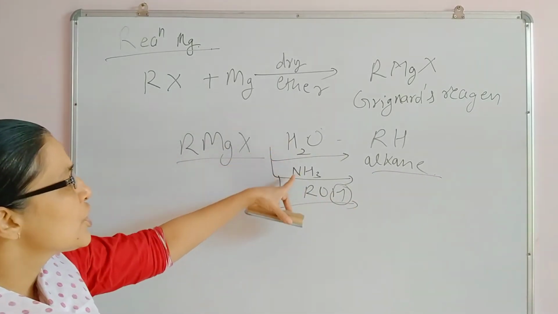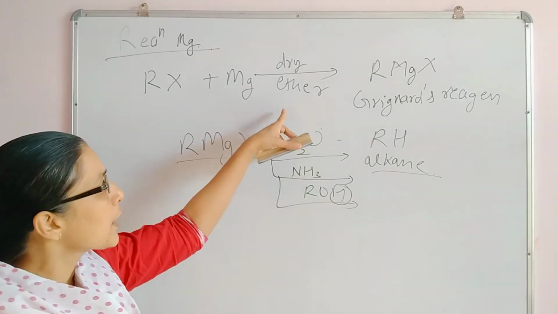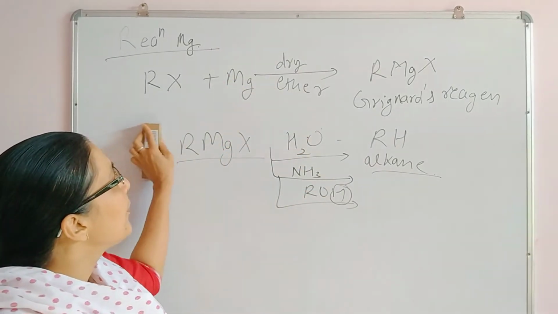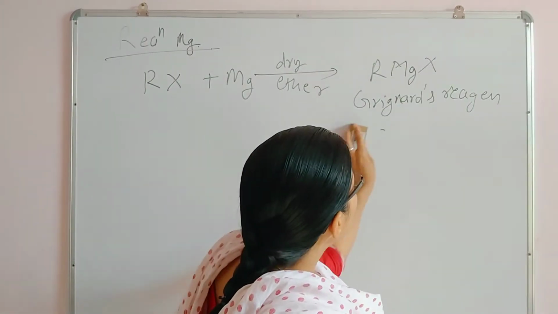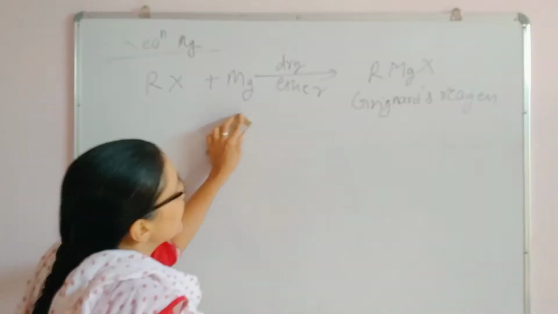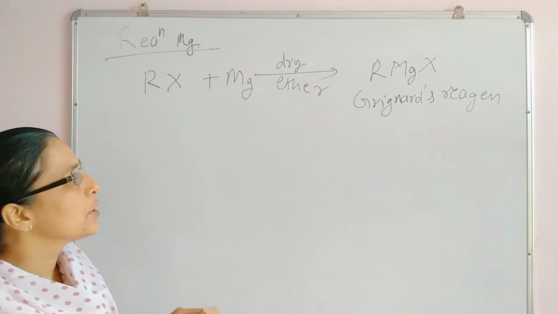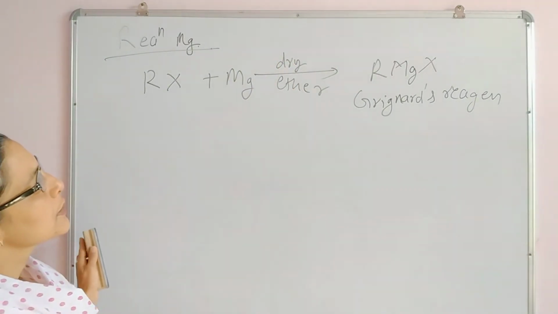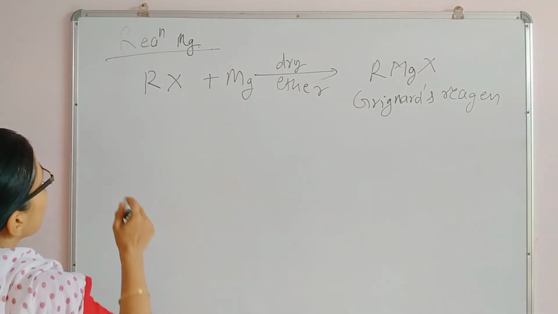So, if moisture or such type of compounds are there during the reaction, then the product will be alkane. So, here dry ether, an inert reagent, is taken, as well as the dry condition. So, here RMgX is the compound. Later we will read various reactions of RMgX.